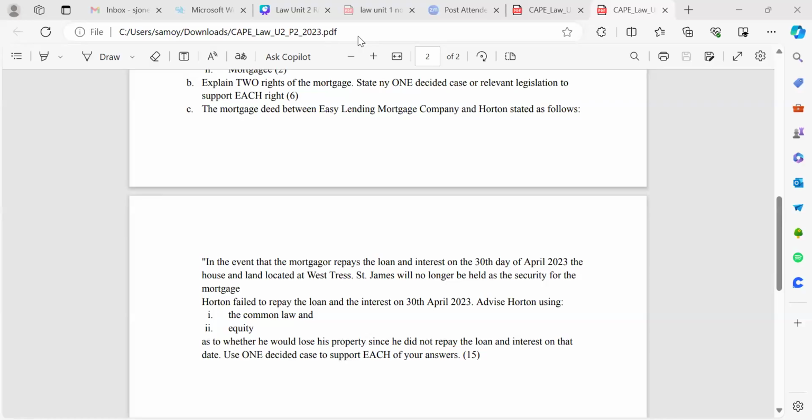But if it gets out of control, say for example you missed mortgage payments for 2 months, you will still have the equitable right to redeem. But if it goes after 6 or 7 months, the bank, or the institution, has the right to take away the thing of value from you.